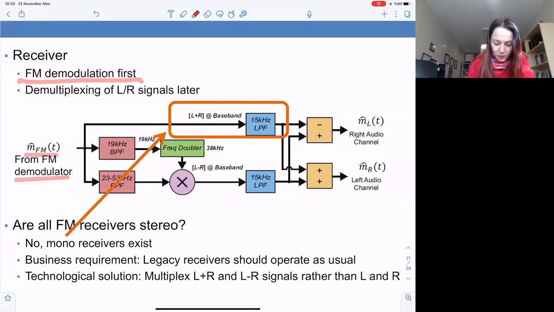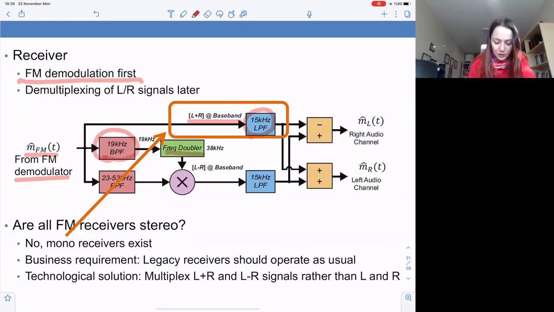Now, first, to receive L plus R, we can simply use a low pass filter at 15 kilohertz. That's recovered. Now, put a 19 kilohertz band pass filter to receive the carrier.